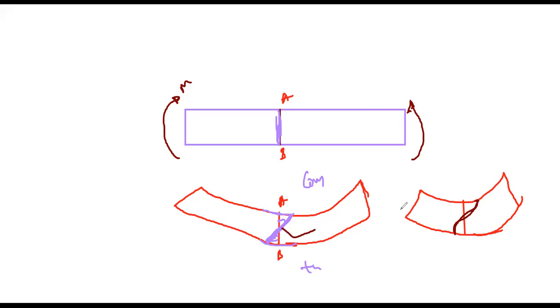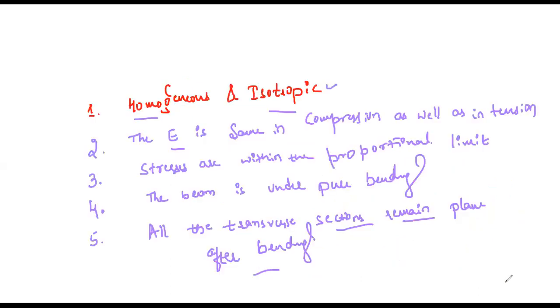Here it was linear, here it was non-linear. So sometimes it happens non-linearly, and you get a non-linear stress distribution. Here the stress distribution is linear, whereas here you get a non-linear stress distribution. That's why we assume all the transverse sections remain plane after bending.